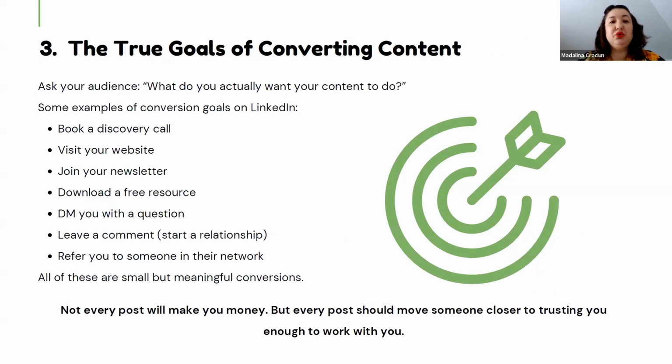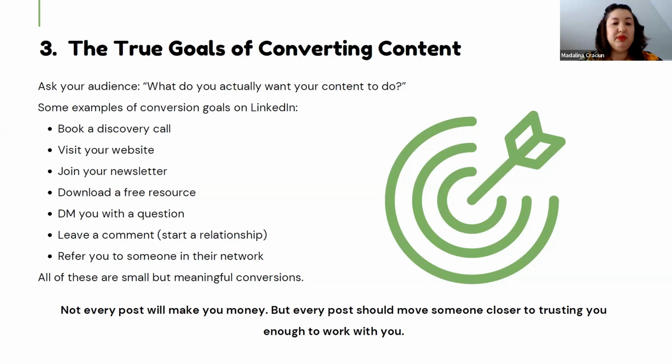What are the true goals of converting content? You might have to ask yourself, what do you actually want your content to do? Some examples of conversion goals on LinkedIn might be: book a discovery call, visit your website, join your newsletter, download a free resource, direct message you with a question, leave a comment that starts a relationship, or refer you to someone in their network.